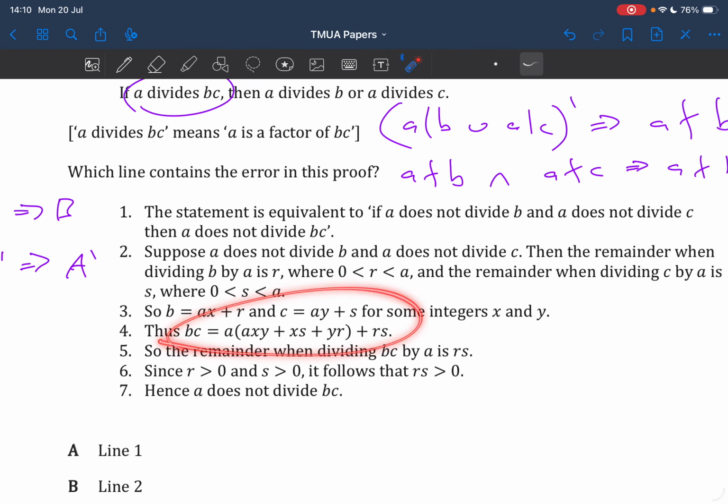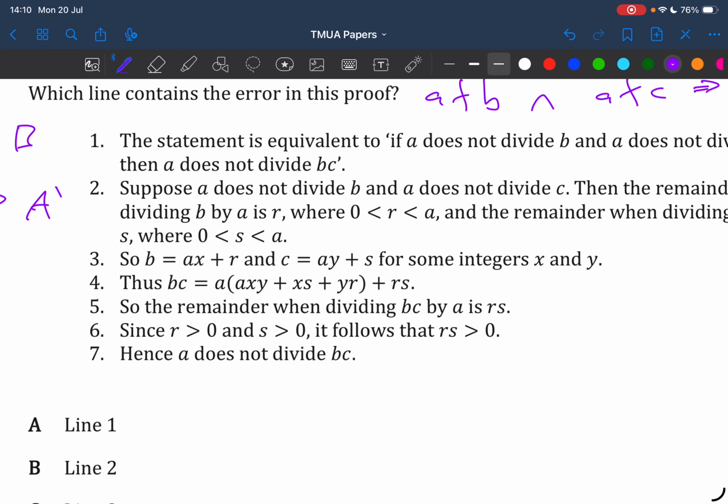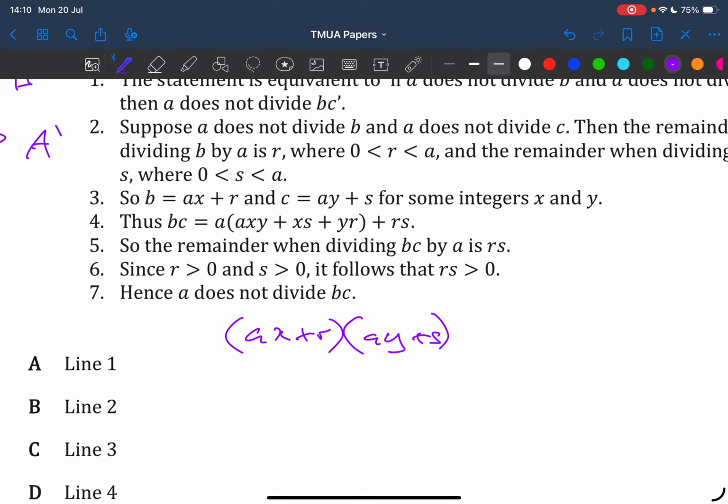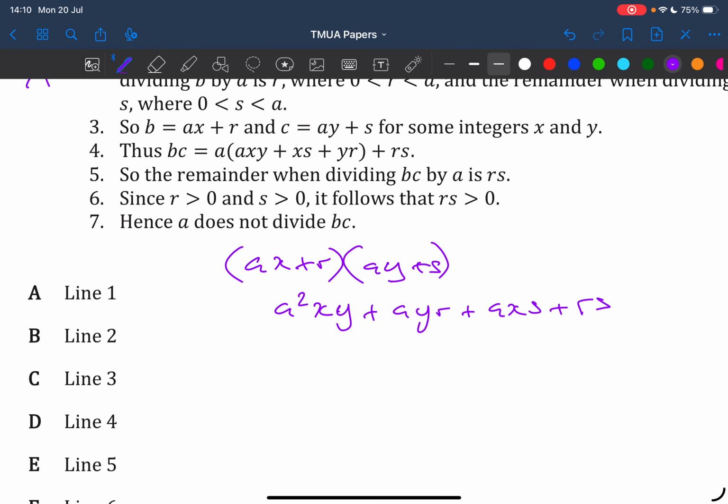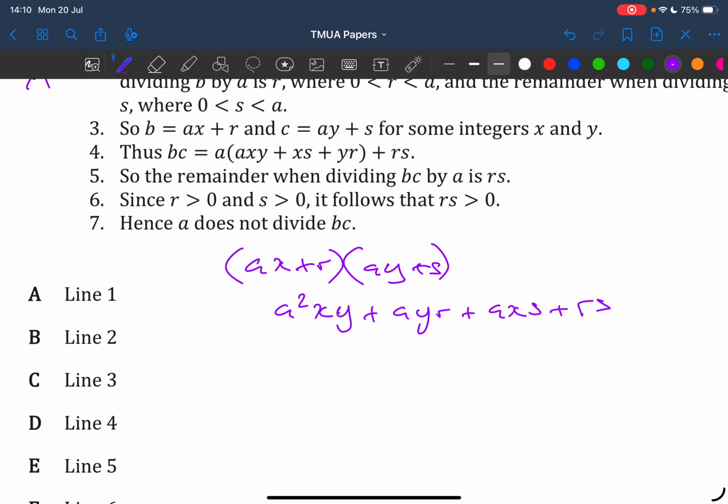So we can times them together. Does that look good? So we have AX plus R times AY plus S. First one then is going to be A squared XY. And then I'll have AYR plus AXS plus RS. I wanted to take A out at the front.